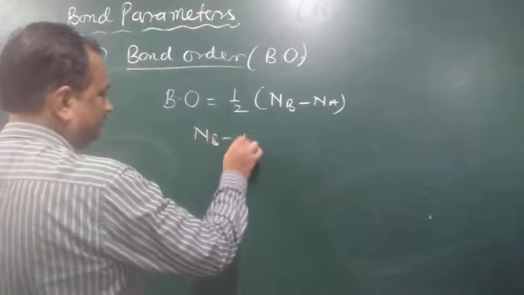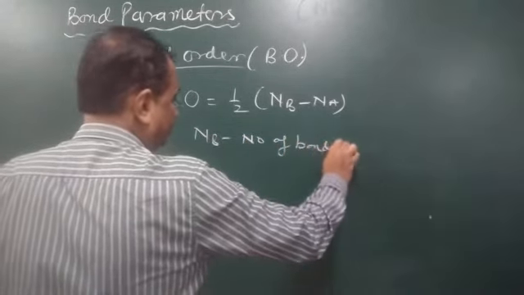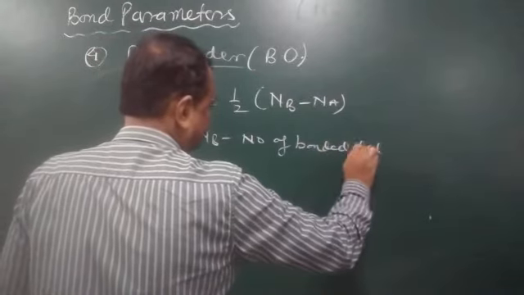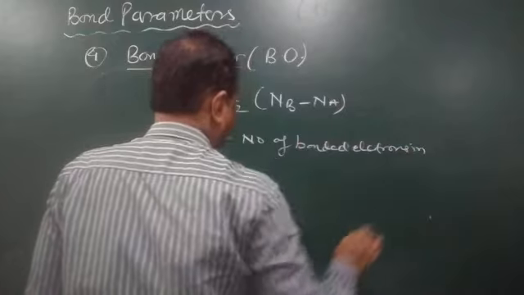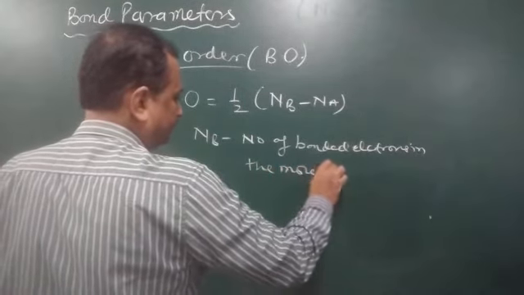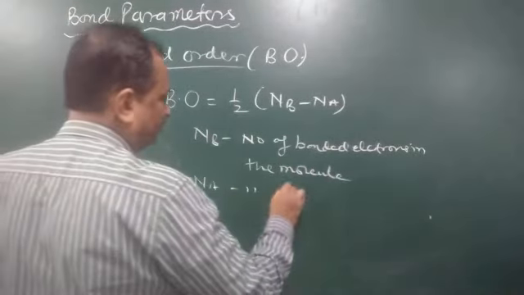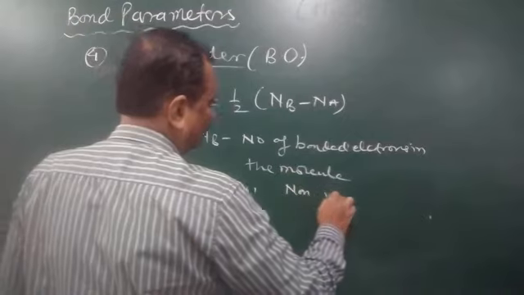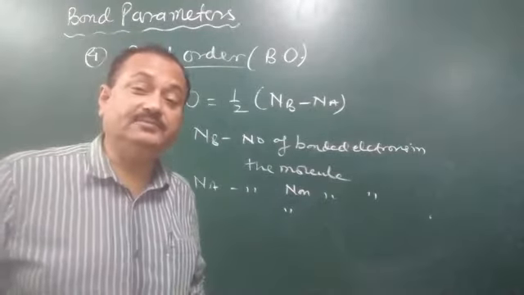NB means the number of bonded electrons in the molecule, and NA is the number of non-bonded electrons.